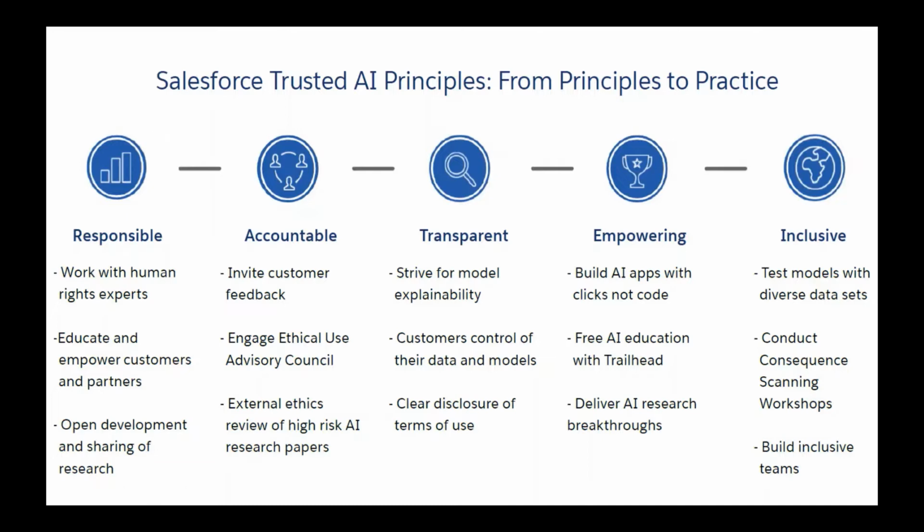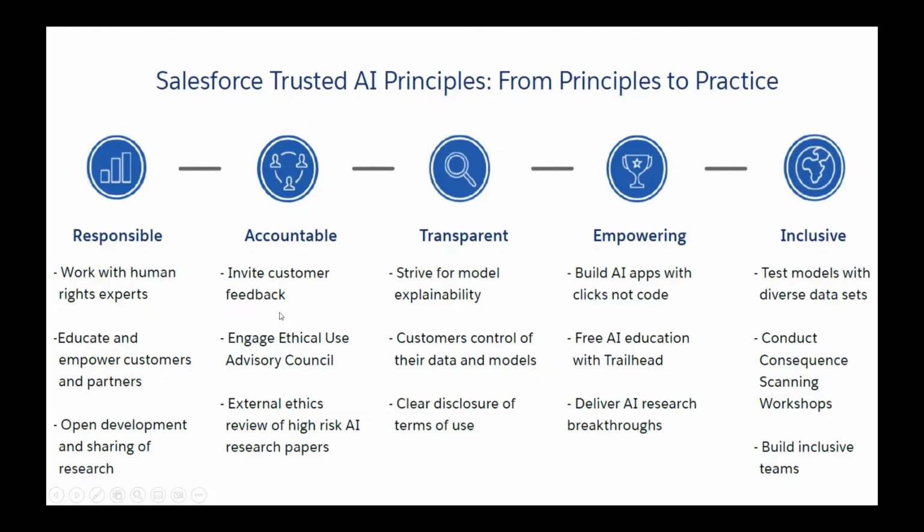So, responsible: work with human rights experts, educate and empower customers and partners, open development and share research. That's the part of responsible. So to build a responsible AI, you need to involve this type of people, human rights groups, to make sure it doesn't affect any human being, and others.